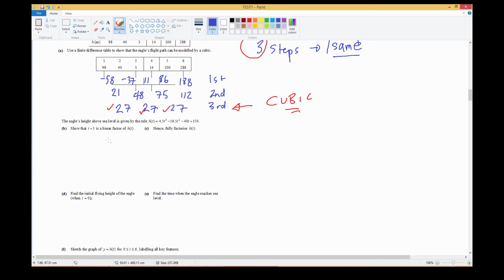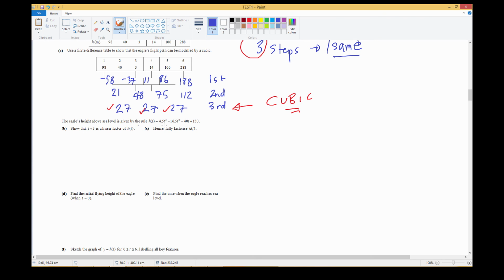Right, next question. The eagle's height above sea level is given by this rule. Show that t plus 3 is a linear factor. All we have to do is substitute the value of t equals minus 3, and this should come to 0 if this is a factor.